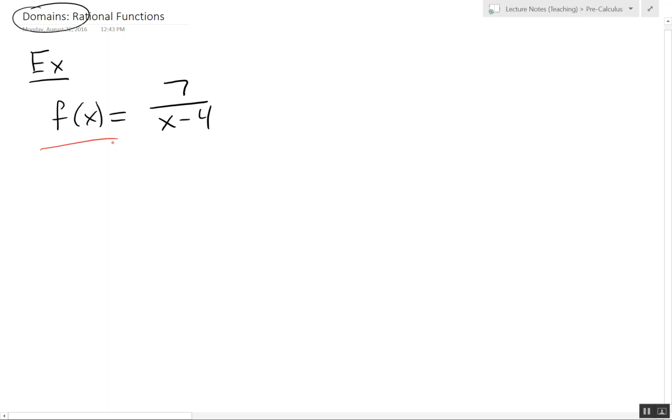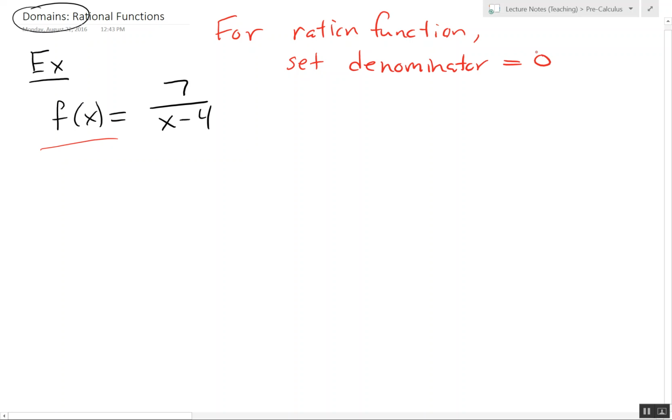For rational functions, we set the denominator equal to 0. And whatever values of x you get are the values that we're going to have to exclude from the domain, and then everything else in the real line will be part of the domain.